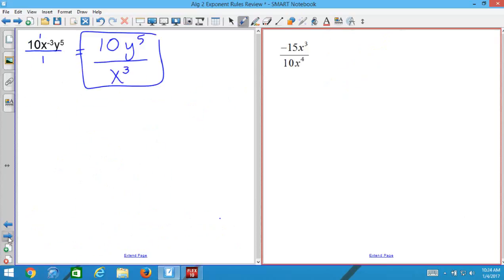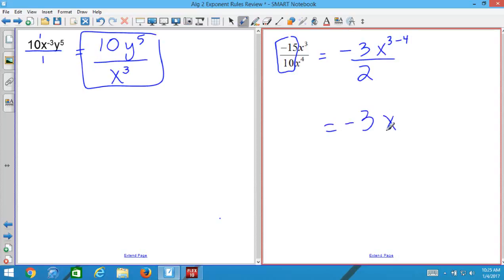Almost done. Negative 15 tenths. Treat it separately than the x's, because it's just a number, reduce it. Negative 15 over 10, reduce it. And then the x's, we are dividing, so if we divide, what do we do to your exponent? X to the 3 minus 4.